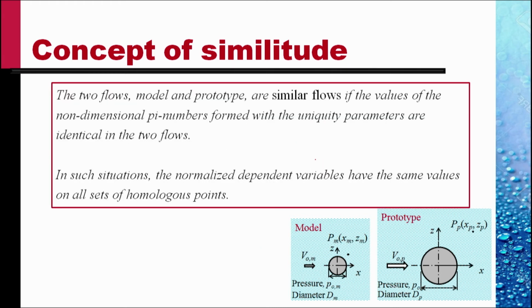The two flows, model and prototype, are similar flows if the values of the non-dimensional pi numbers formed with the uniquity parameters are identical in the two flows. In such a situation, the normalized dependent variables have the same values at all sets of homologous points.